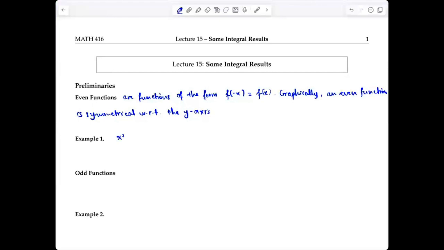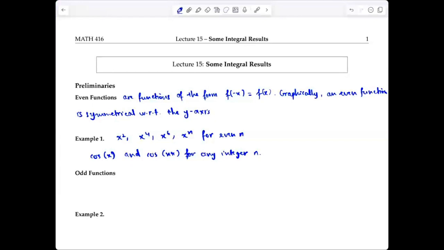Or cosine of x and cosine of nx for any integer n. Cosine of x you have learned in calculus or pre-calculus. Cosine is an even function and its graph is symmetrical with respect to the y-axis.